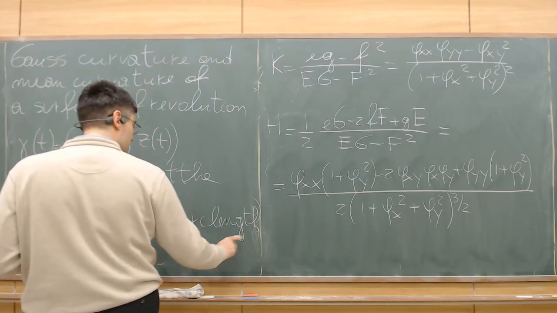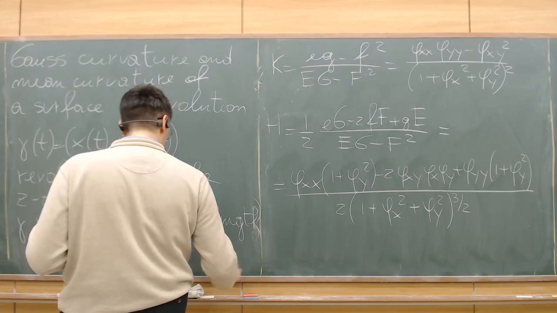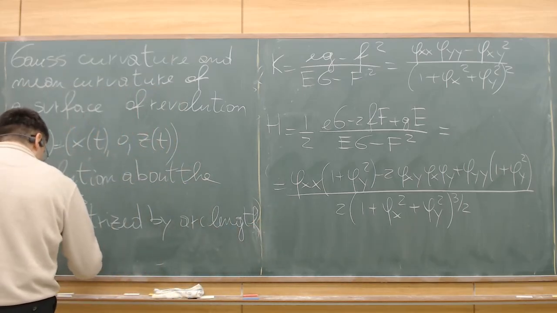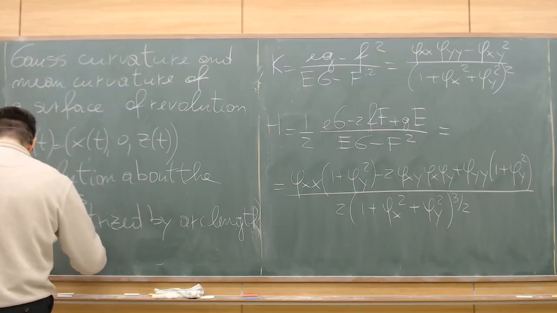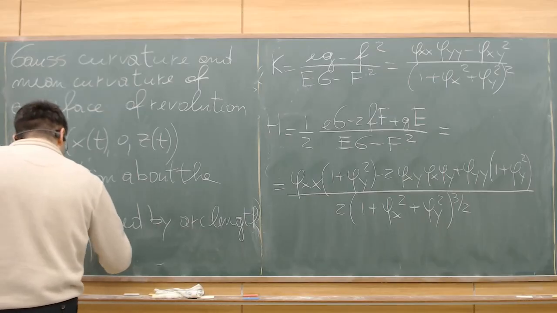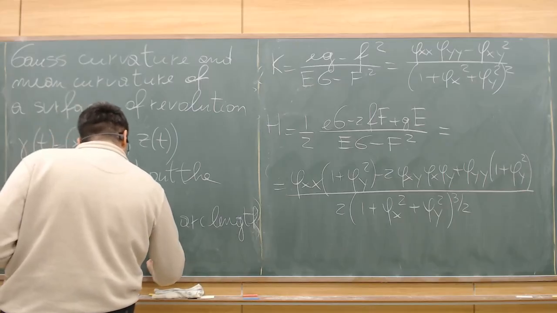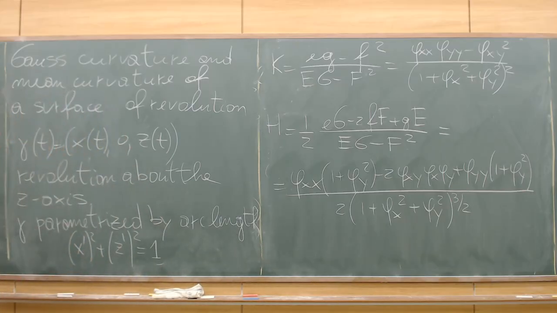Which means that x prime squared plus z prime squared is equal to 1. And when I write prime, I mean the derivative with respect to t.